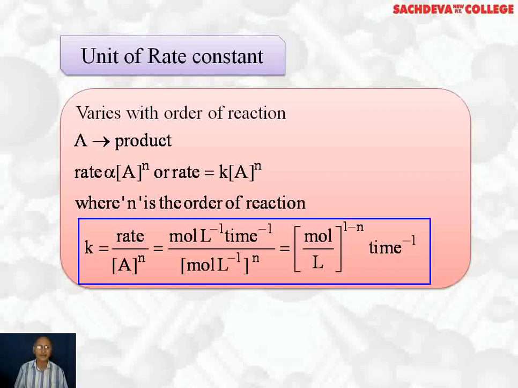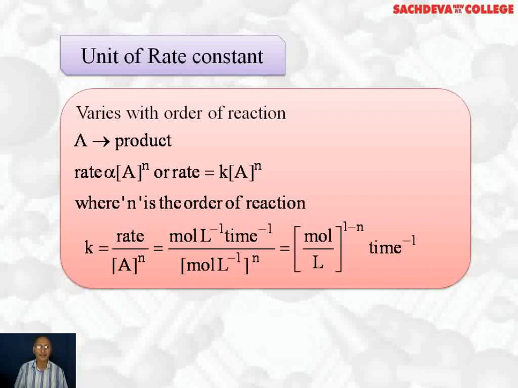Now k will come out to be rate divided by molar concentration of A raised to the power n. We know the units of rate are moles per liter time inverse, divided by concentration of A, which will be moles per liter raised to the power n. So we will get (mol/L) raised to the power 1 minus n, time inverse.